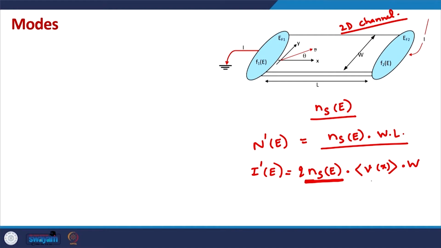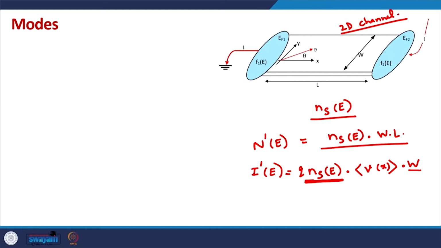Vx tells us the velocity of electrons, which is essentially the rate at which electrons are getting swept through the device. If we multiply by width, it will give us the number of electrons getting across the device per unit time, and if we multiply that by q, that will essentially give us the steady state current.